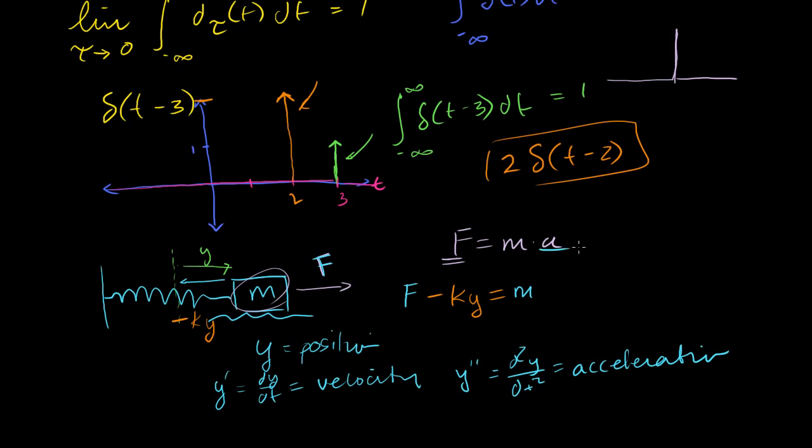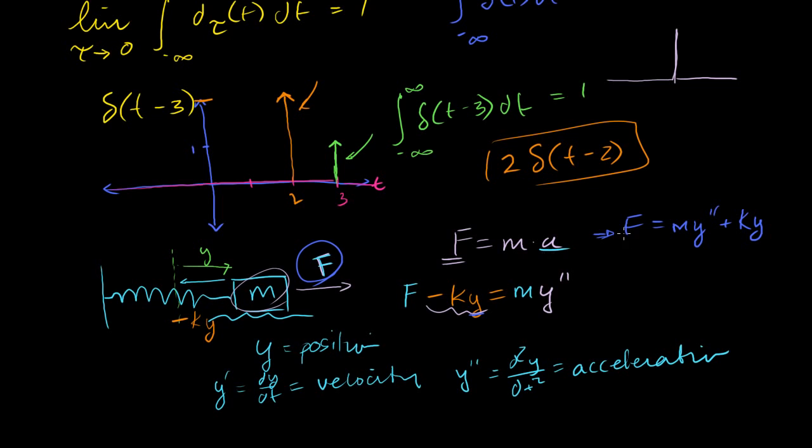So instead of writing a, we could write y prime prime. And so if we put this on the other side of the equation, we get the force is equal to the mass of our object times the acceleration of the object plus whatever the spring constant is for this spring, plus k times our position, y.